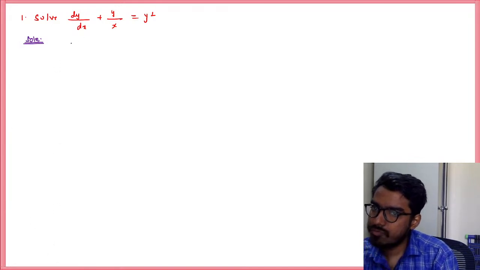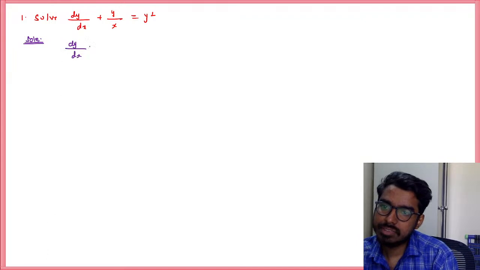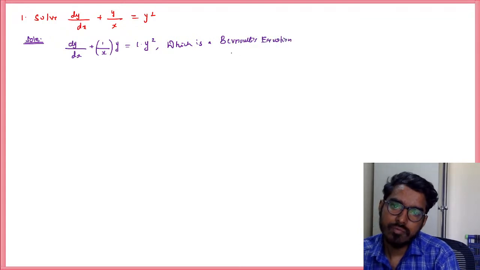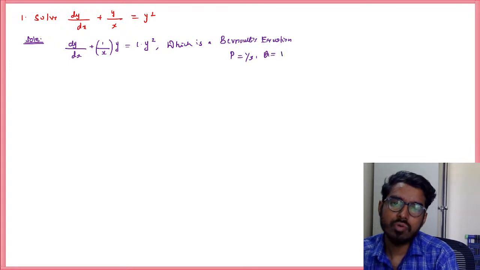So you can see it is of the form dy by dx plus py is equal to q into y power n, which is a Bernoulli's equation. With what is p? P is 1 by x, q is 1, right?